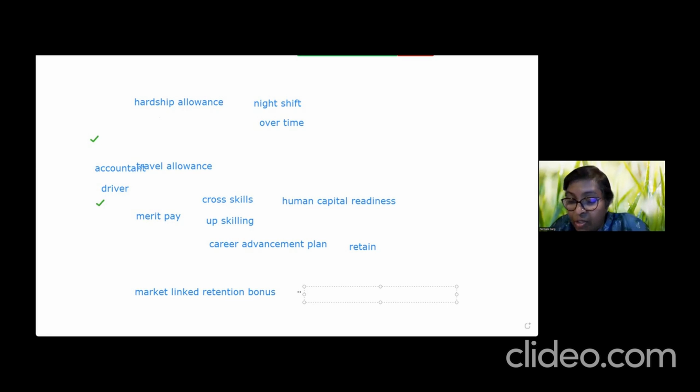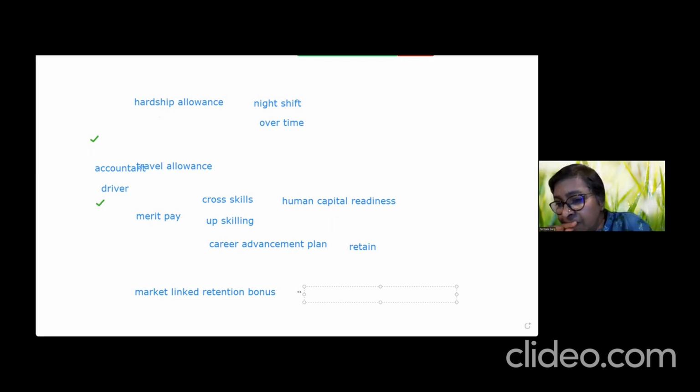Market-linked retention bonus. So what they started doing, to ensure that there is human capital readiness, is they have aligned their training of bench strength with the future projects which are there in their pipeline, so that they are never caught. Because in the IT organization, employees who are on the bench strength do not get variable pay.